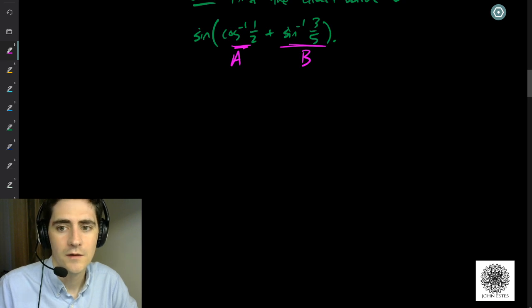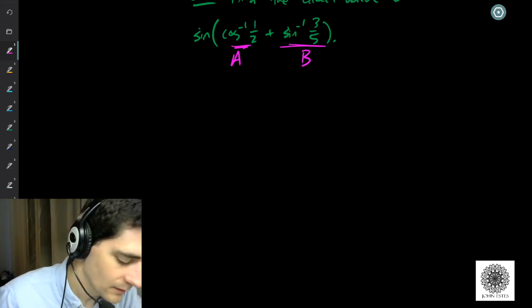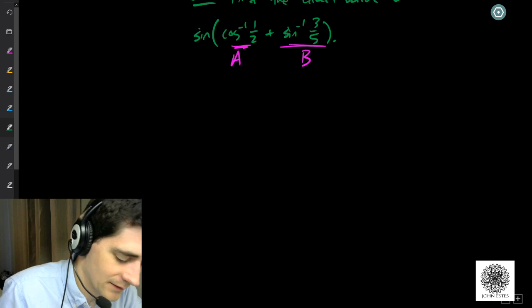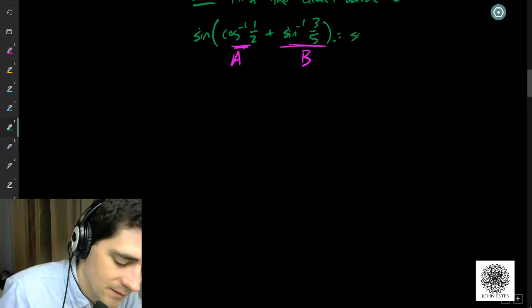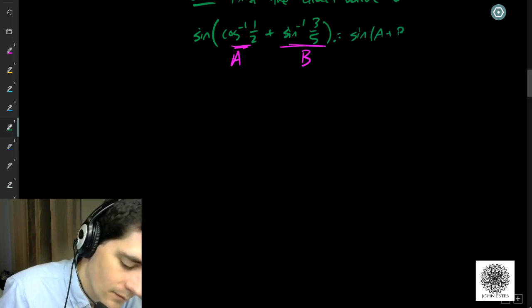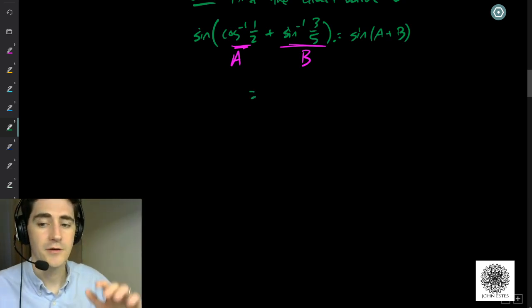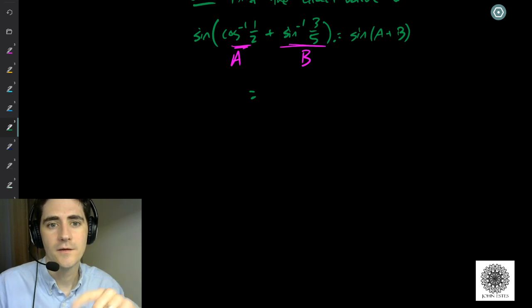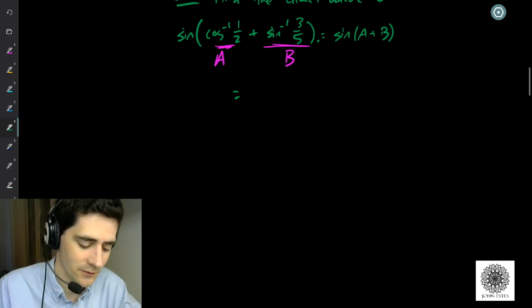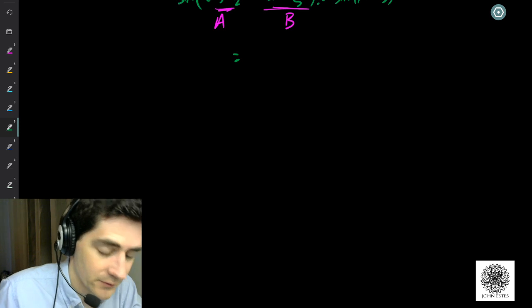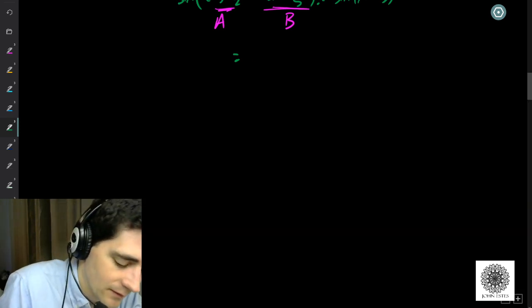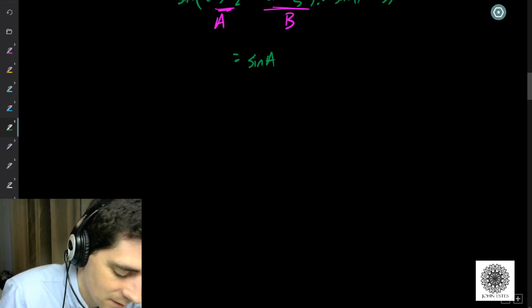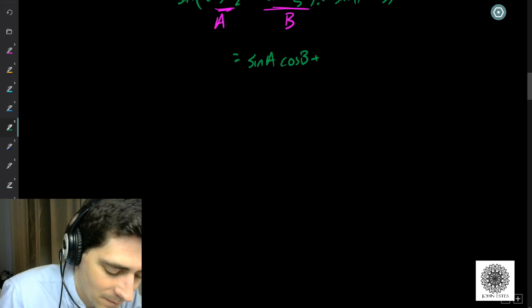And what we'll want to do is rewrite this first of all as sine of A plus B. Using my trig identity, let's at first expand this out to see what that would look like. So remember, I change my trig functions. I have sine A, cosine B, but I keep the same sign.